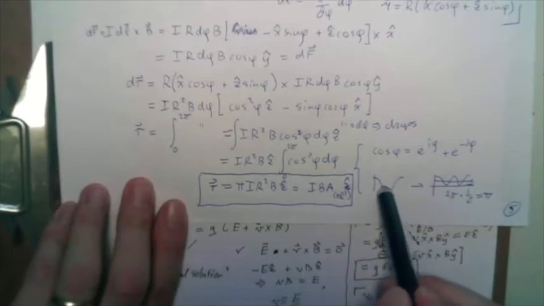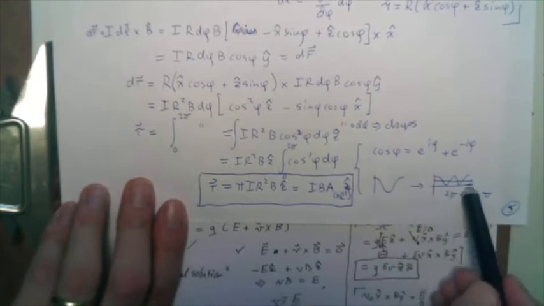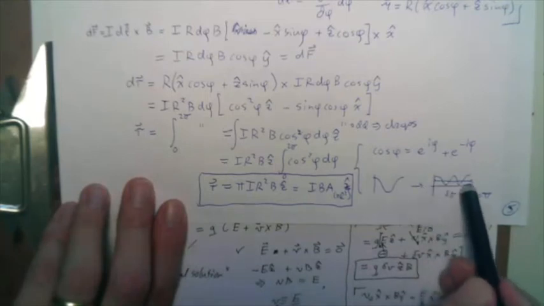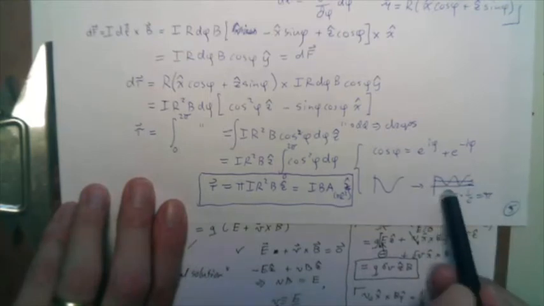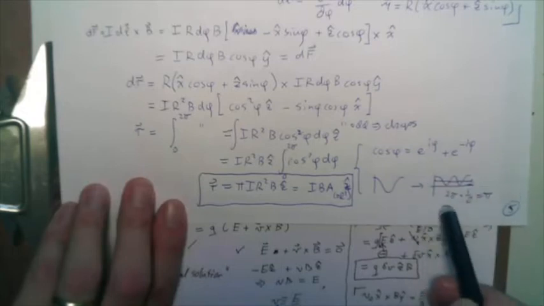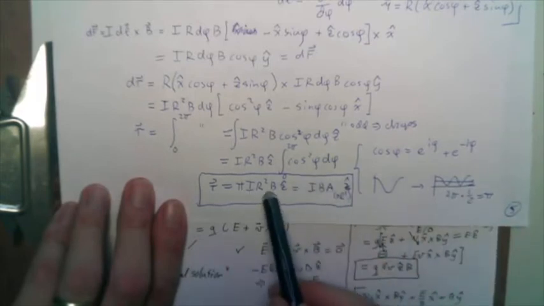That means everything below the zero line flips up and goes above it, and you get something like this, and obviously it has double the frequency. The mean value is 1/2, so the area under the curve is the mean value times the width, and the width is 2 pi. So 1/2 times 2 pi gives you pi. The outcome of the integral is pi, and then you get this thing.